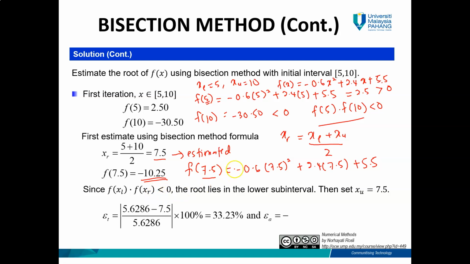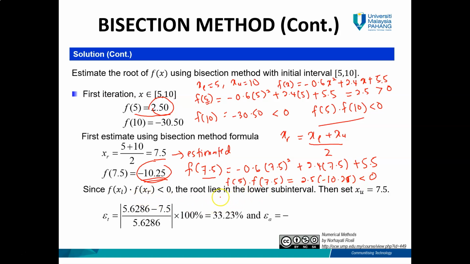Previously we computed f(xr), f(7.5). f(xl) we already got from here. This one is positive, this one is negative. That means f(xl), which is f(5), times f(7.5), is 2.5 times negative 10.25, so you will get an answer less than 0.